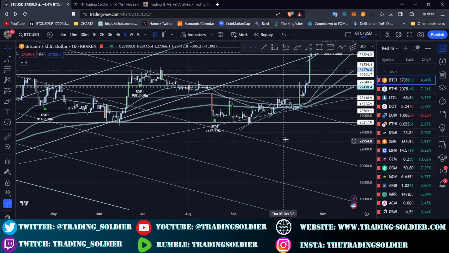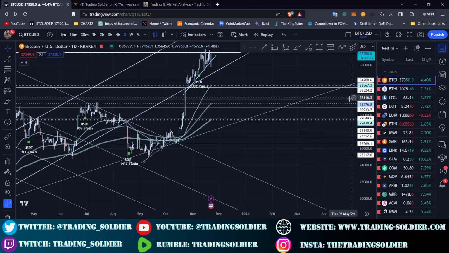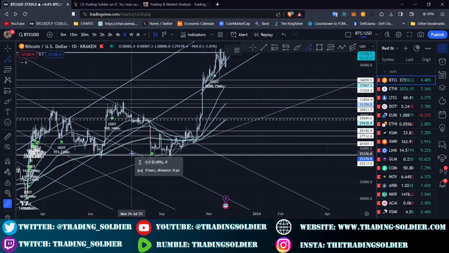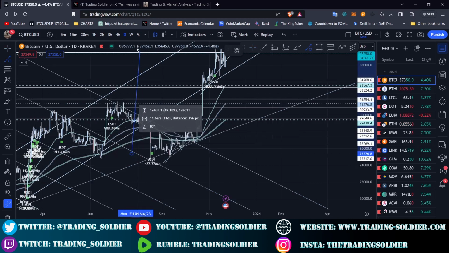of 1,437 million of USDT, and then we had a pump of, let's say, how much? For 50%, okay?